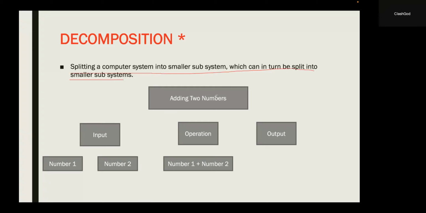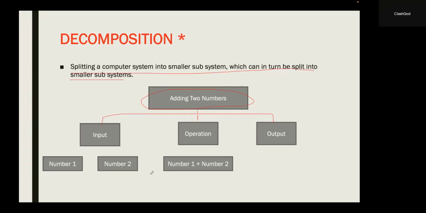But for example, let's just look at the example we had before of adding together 2 numbers. The initial large computer system or the computer program is used to add together 2 numbers. This computer system can be split into input, operation, and output, because these are the 3 functions that make up this computer program.